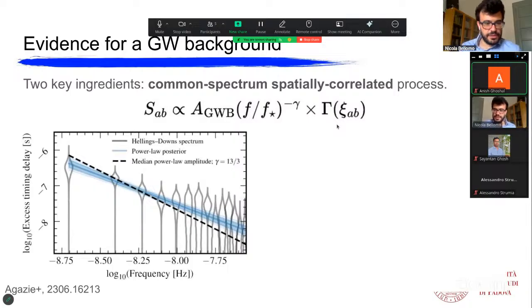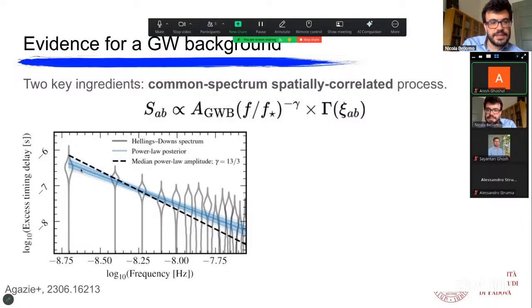Regarding the first part, here you can see the amplitude of the background as a function of the frequency. The classical violin plots represent the uncertainty in the measurement.